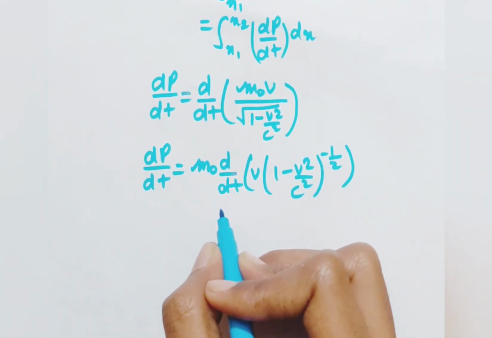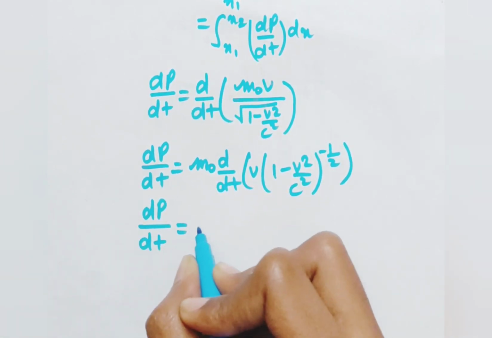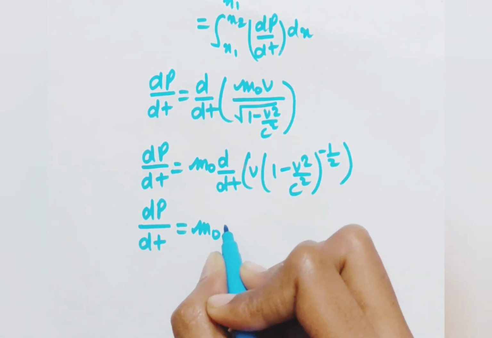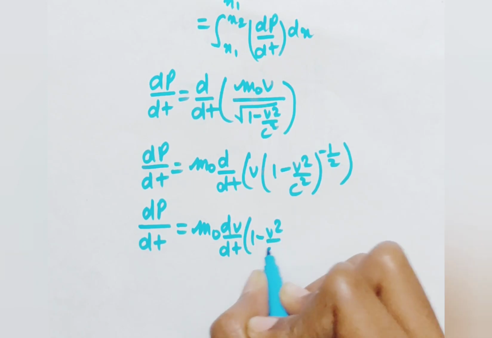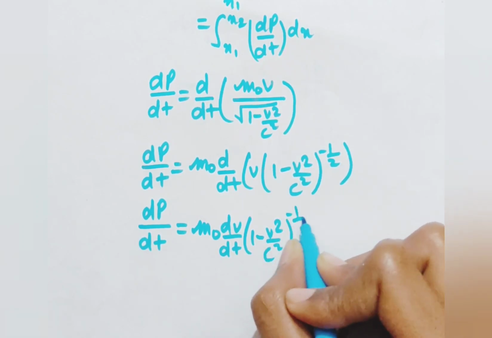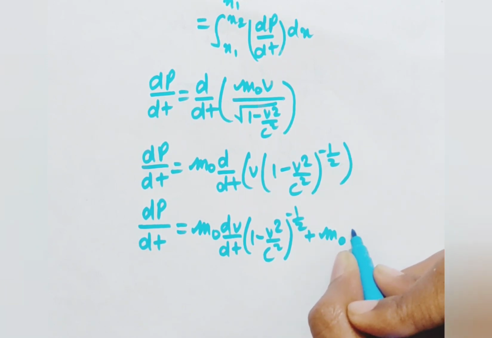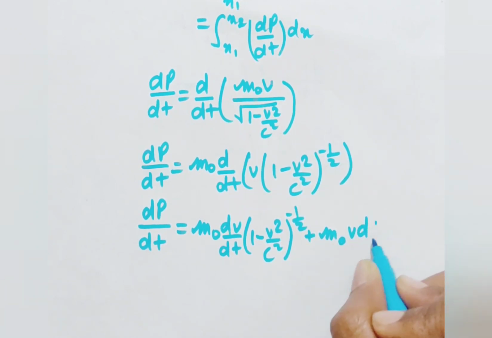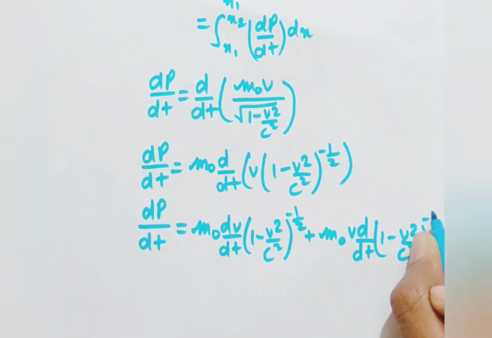Now using the product rule, we can rewrite it as m naught dv by dt times 1 minus v squared over c squared to the power of negative 1/2, plus m naught v times d by dt of 1 minus v squared over c squared to the power of negative 1/2.